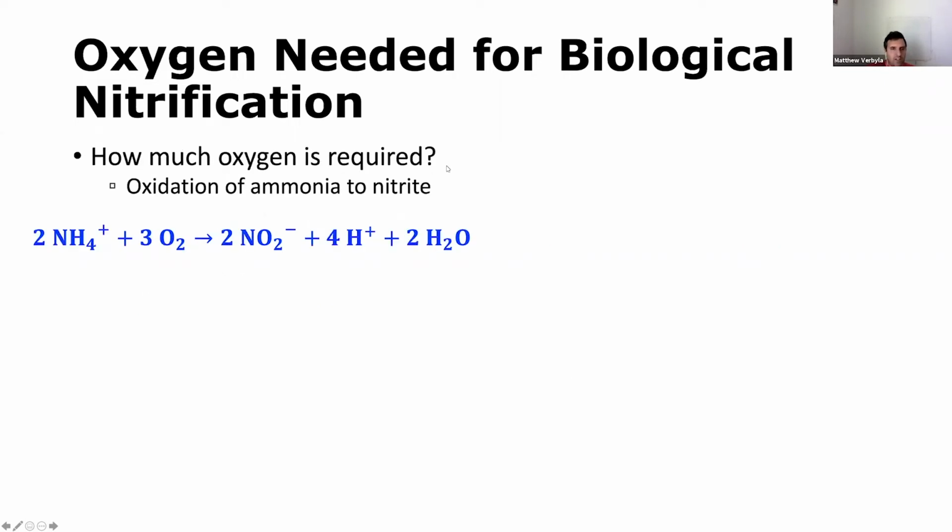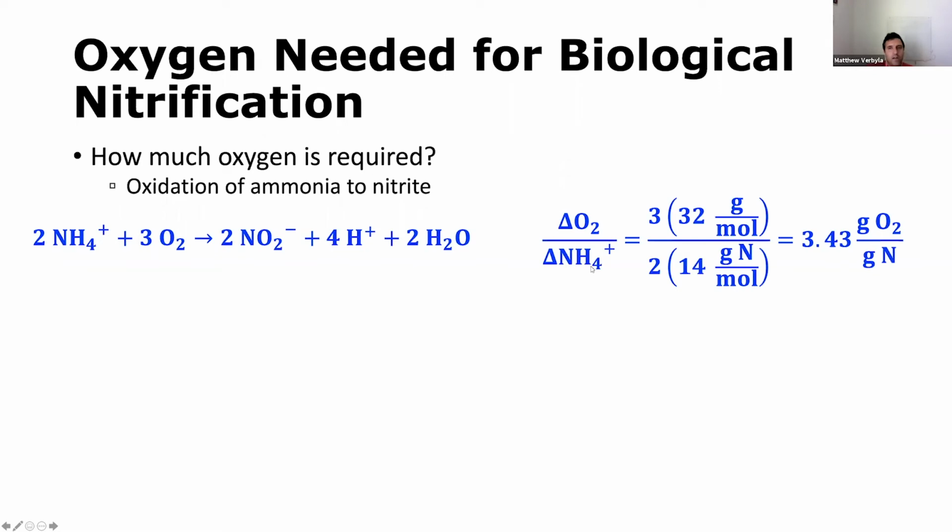So how much oxygen is required for the oxidation of ammonium to nitrite? All right, we use the same approach. We take the mass of oxygen being consumed in the reaction, that's 3 moles of O2 at 32 grams per mole, and we take the mass of ammonium being oxidized, so that's 2 moles of NH4 plus at 14 grams of nitrogen per mole.